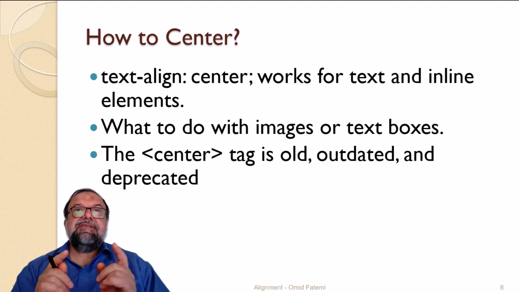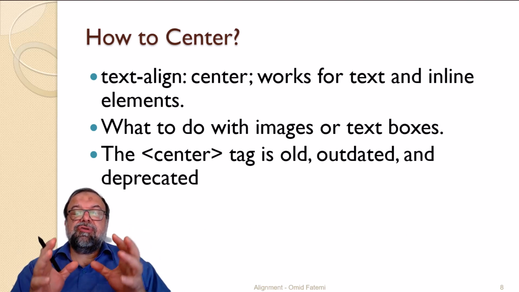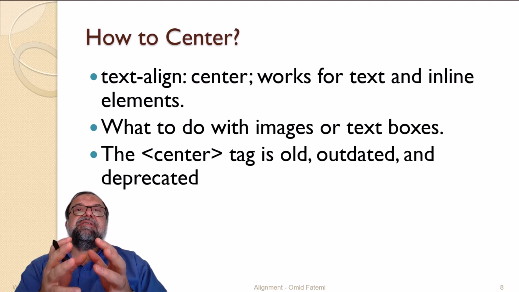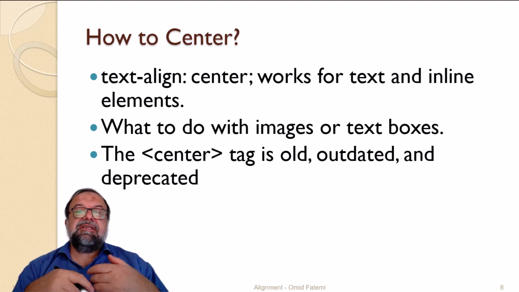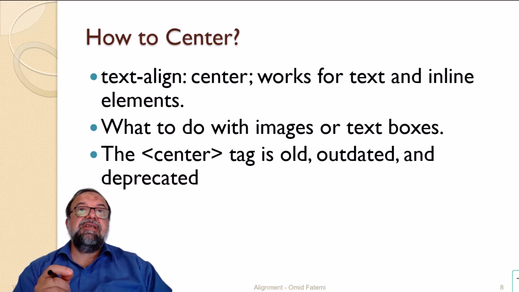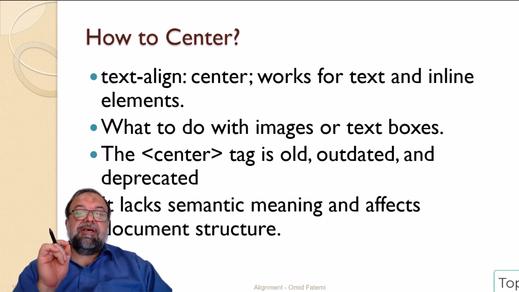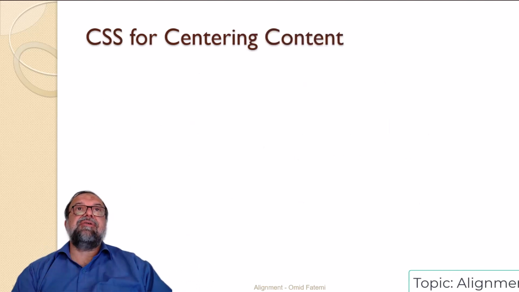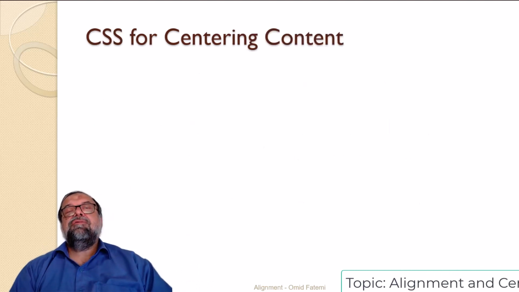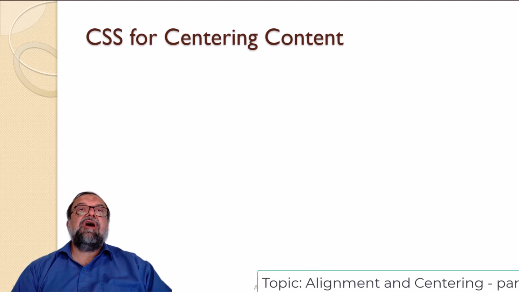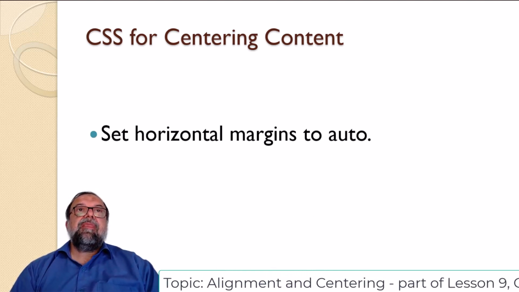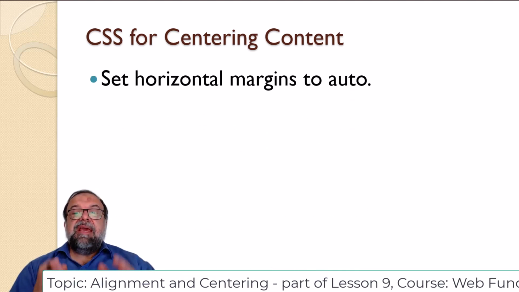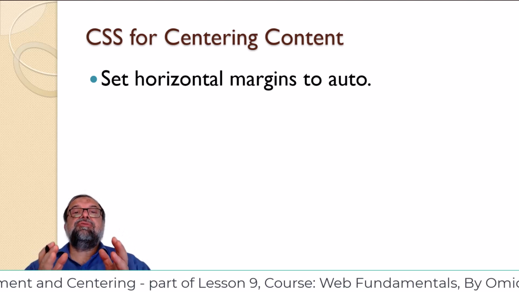Traditionally, the center tag was used to make elements centralized, but it is deprecated and it is not recommended to use it. Instead, as much as possible, you should use CSS styles. So how could we do centering for other elements? You could set the horizontal margins to auto.